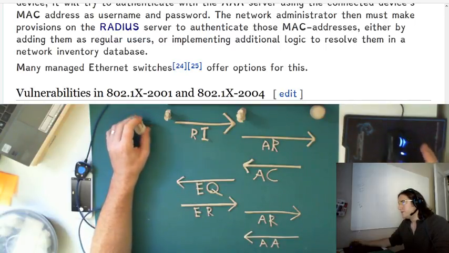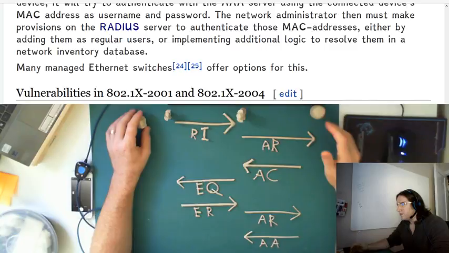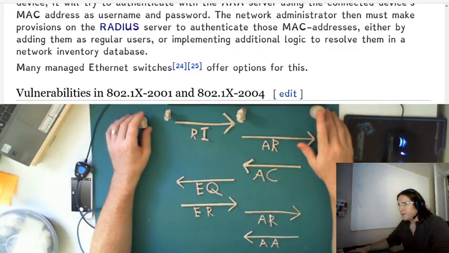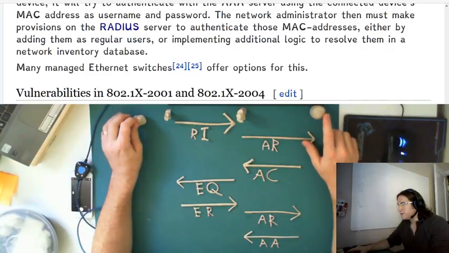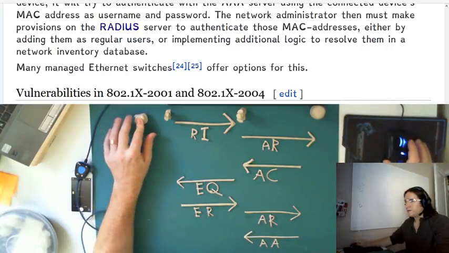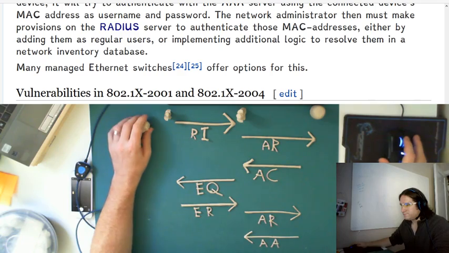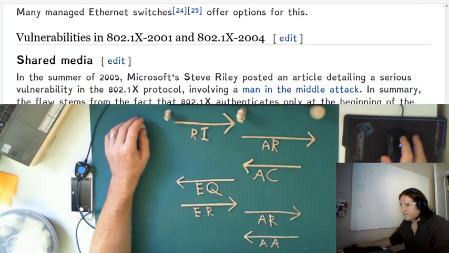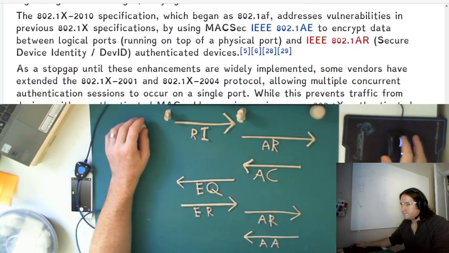The network administrator then must make provisions on the RADIUS server to authenticate those MAC addresses, either by adding them to regular users or implementing additional logic to resolve them in a network inventory database.